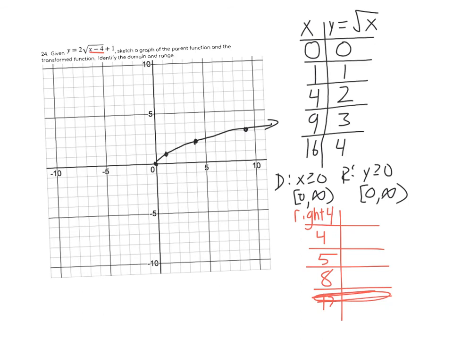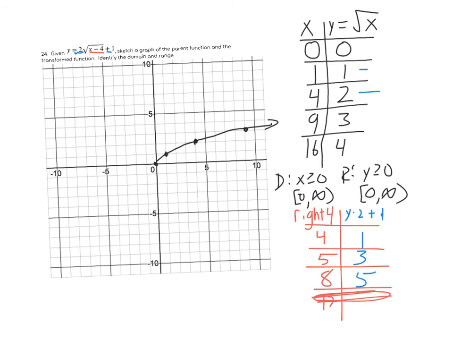So I'm going to just do 4, 5, and 8. Okay, my y values, that's a vertical stretch times a factor of 2, and then up 1. So let's call this y times 2, and then plus 1. 0 times 2 is 0, plus 1 is 1. 1 times 2 is 2, plus 1 is 3. And then 2 times 2 is 4, plus 1 is 5.